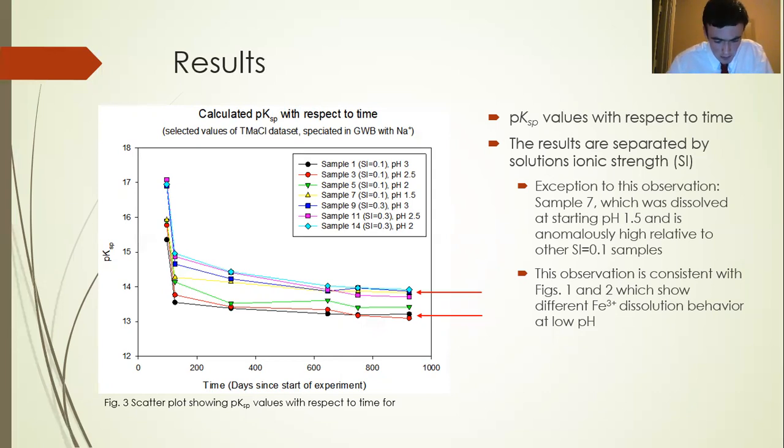Now, you'll also note that sample 7, represented by yellow symbols, was also dissolved at an ionic strength of 0.1 molal, but is anomalously high relative to the other 0.1 molal ionic strength solutions. This is consistent with what we saw in figures 1 and 2, which show different iron 3 dissolution behavior at low pHs, which means that will need to be accounted for in the future as well.